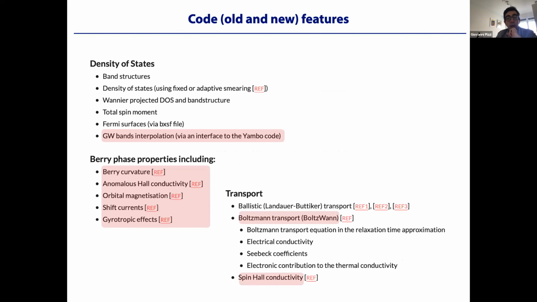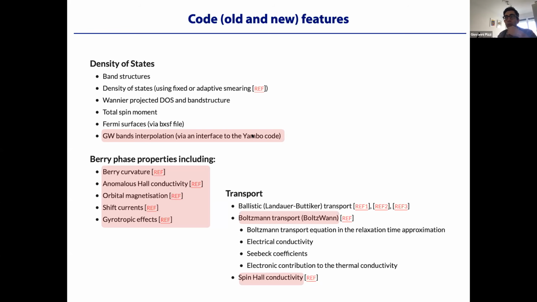This is the second half of the features you will find on the website, and again I mention a few interesting ones. There are many more. One is that there are a number of plotting routines, density of states, etc. One interesting thing is that if you run GW calculations, like with the Yambo code, it is now possible, through some scripts provided together with Wannier90, to produce a Wannier interpolation of the band structure using GW-corrected bands.